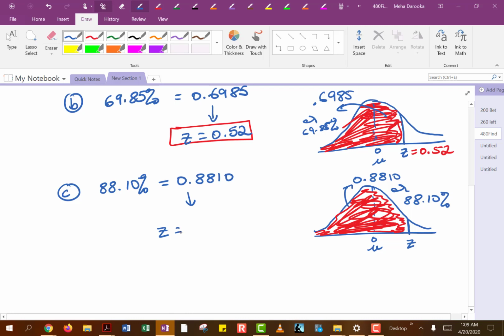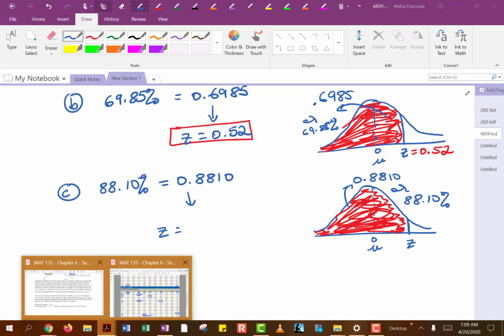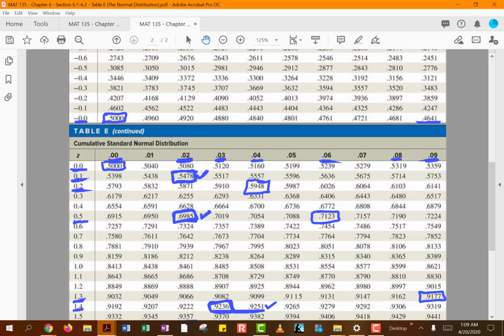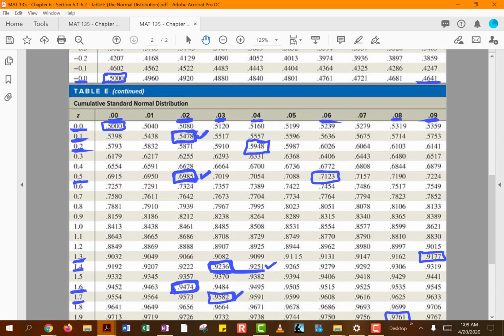So again, we want to see, do we get a z-score or do we have to find something close enough to that? So we're looking for 0.8810. So let's see, 0.88, okay. So we've got 86, 87, alrighty. Looks like we again are able to find the exact value of 0.8810 right over here. So that corresponds to 1.18 is what it looks like.